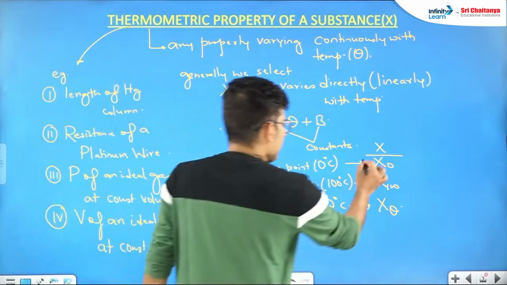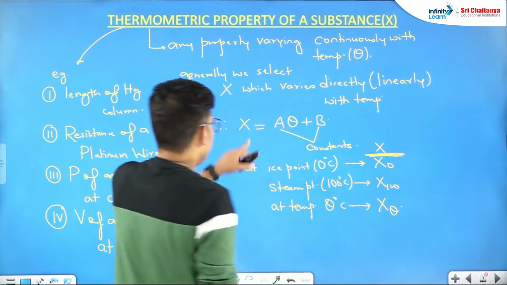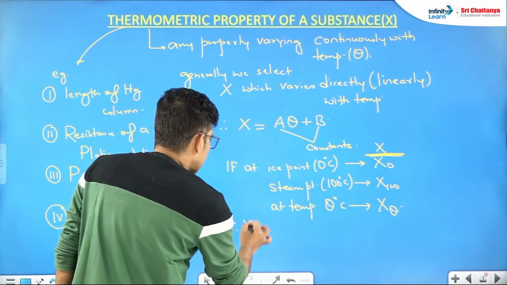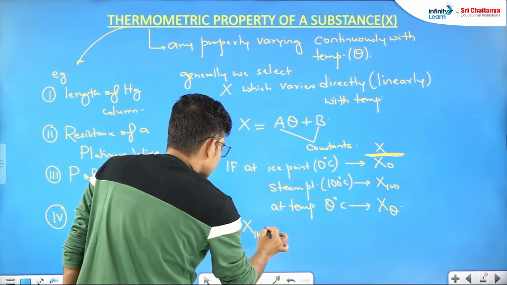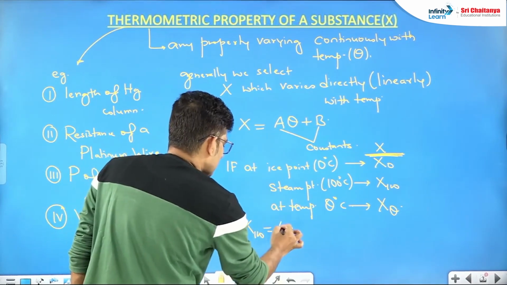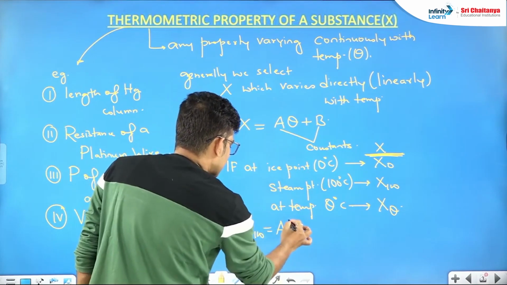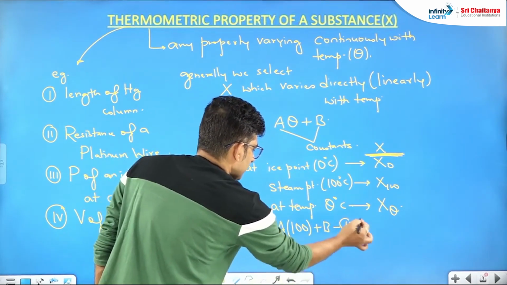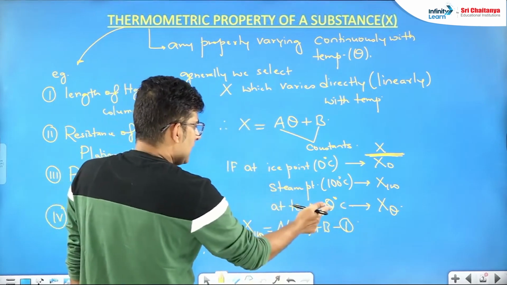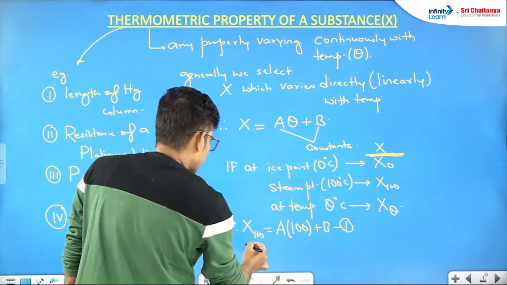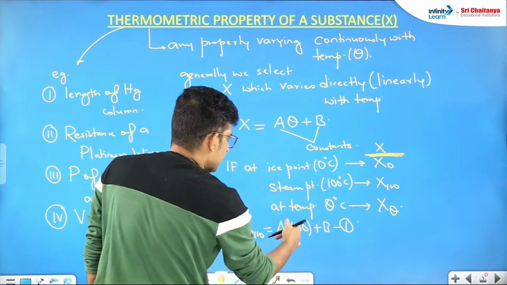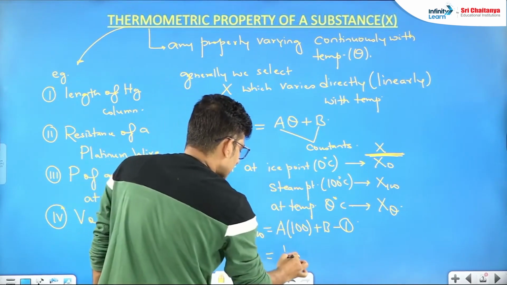Then if you substitute over here, we can write x100 = a(100) + b, first equation. When you are putting x as x0, temperature here is 0, so it will just become b.